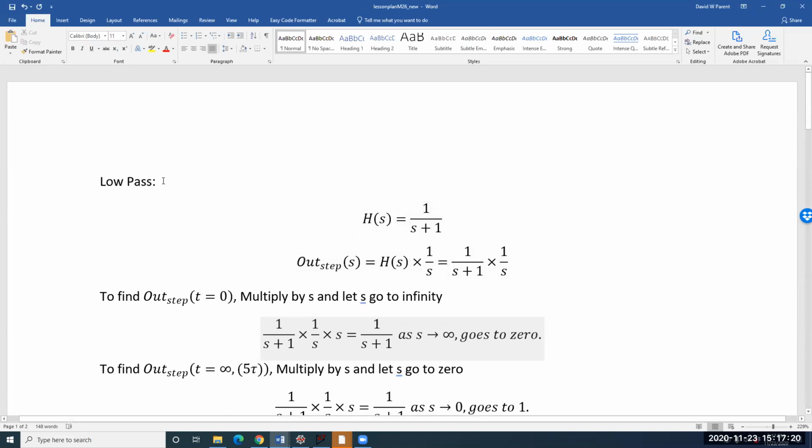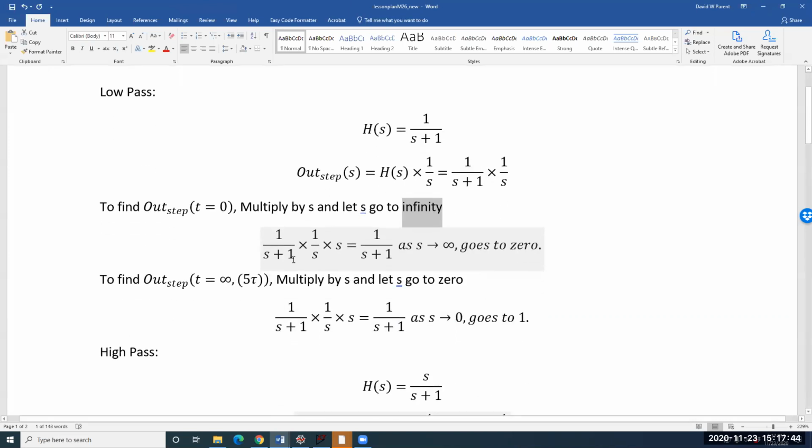So let's say we have a low pass filter, keeping the constants easy, right? So the step response of that is H of S times 1 over S, all right? To find out what happens at 0, we multiply by S and then let S go to infinity, and we don't have to worry about complex numbers or anything.